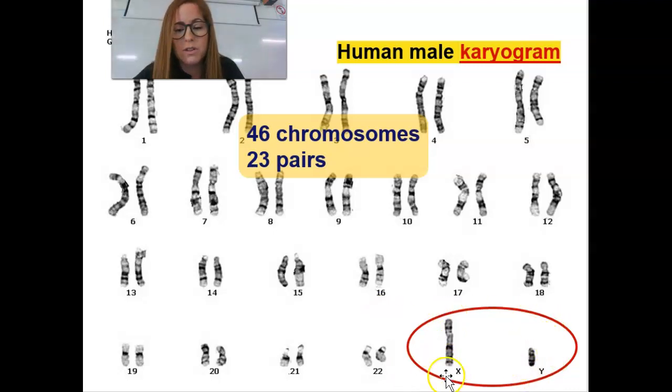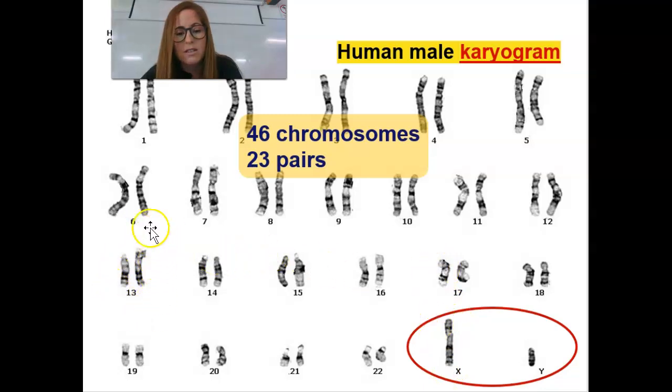These two chromosomes are really nothing alike, and the Y chromosome doesn't have that many genes on it that are important for life. But there is a gene on it called the SRY gene, which codes for maleness, which is referred to as the maleness gene. On the X chromosome, there are genes that have nothing to do with being male or female. We'll talk about those a little bit later.